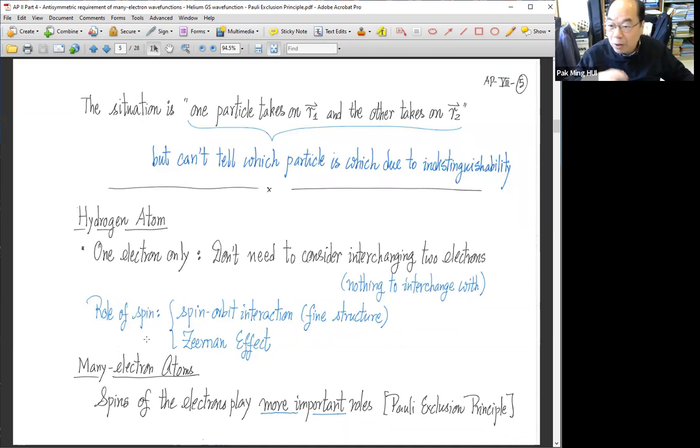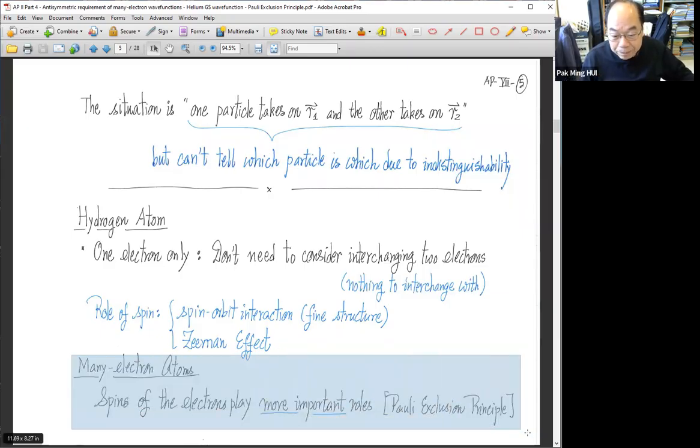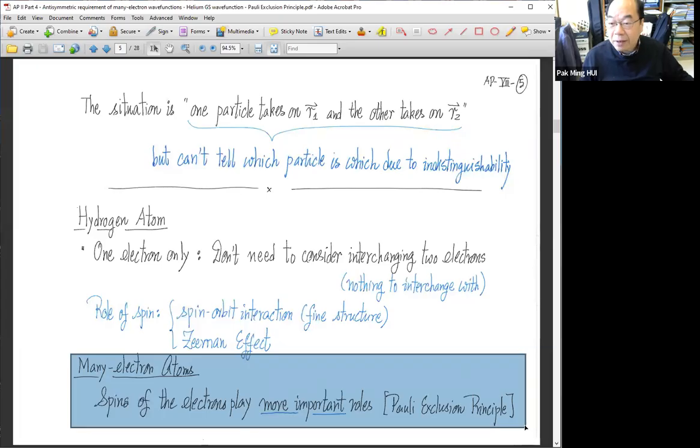As an advertisement of what follows, you will see that the spins of many-electron systems play a more important role than the spin of the electron in hydrogen. In hydrogen, the spin of the electron always gives us some perturbation, a little bit of effect beyond the standard hydrogen atom problem.